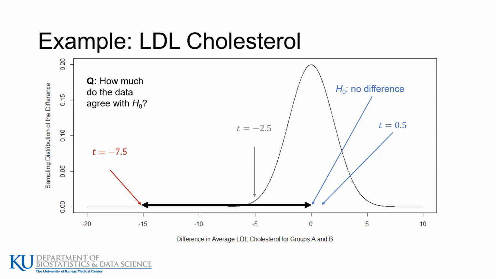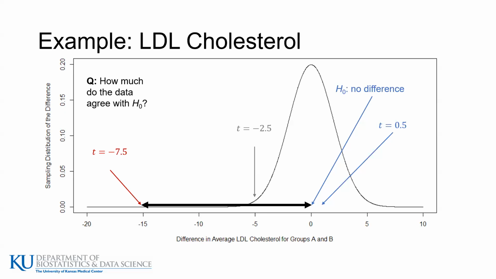So here the interpretation is that the difference in the sample means that we observed is actually 7.5 standard deviations below what we would have expected if there was no treatment effect. So here we're assuming that the null hypothesis is true, so that there is no effect. And then we compare that to what we actually observed. And from that, we can make a decision about whether this is likely, given that there's no difference.